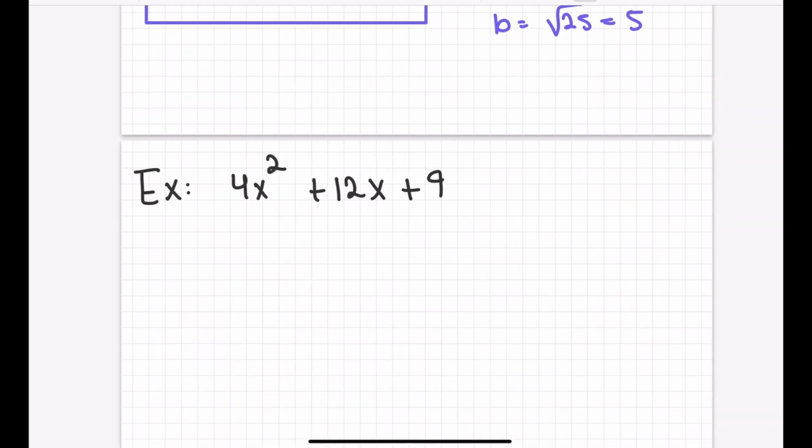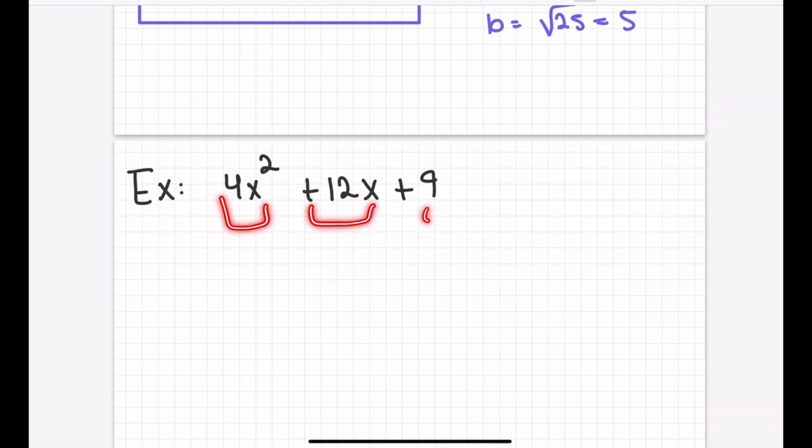But in the perfect square trinomial, I have 3 terms. So let's see. How can I know if this is a perfect square trinomial? Let's take a look at 4. I know 4 is 2 to the power of 2, and 9 is 3 to the power of 2. That works. And if you remember, this was 2ab.